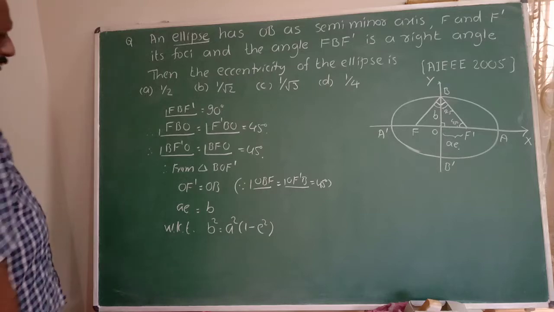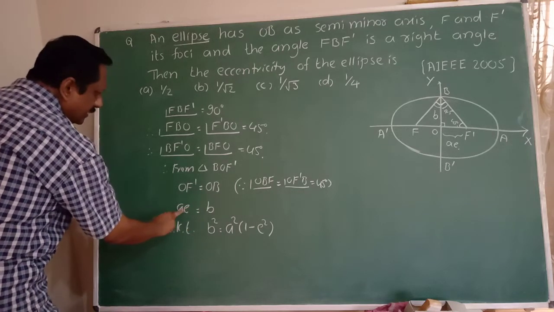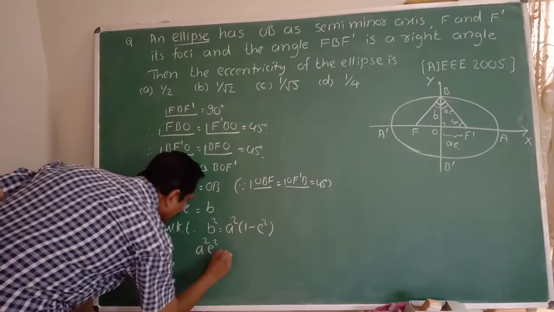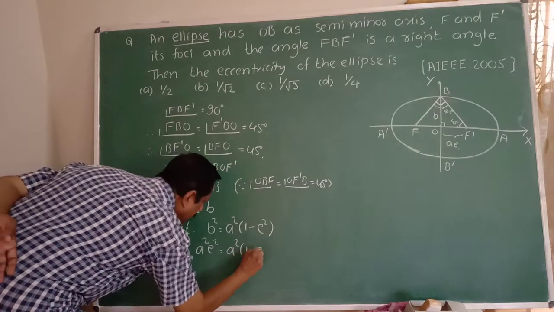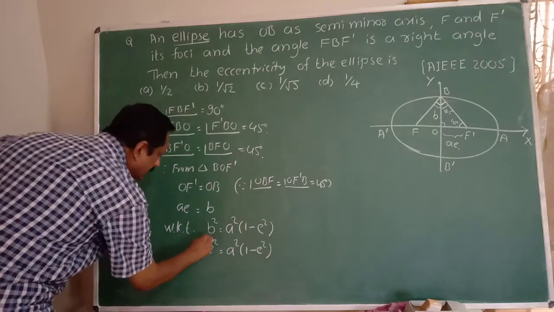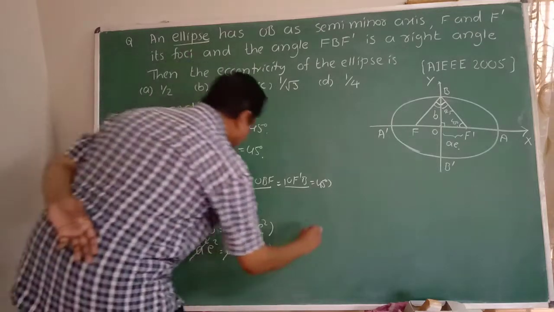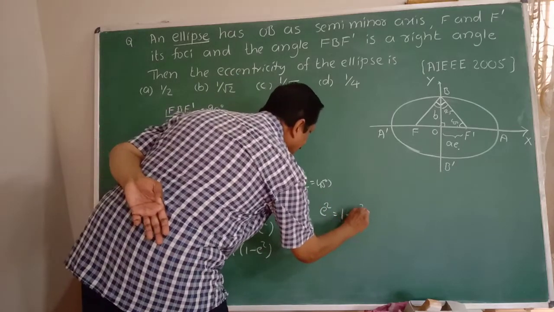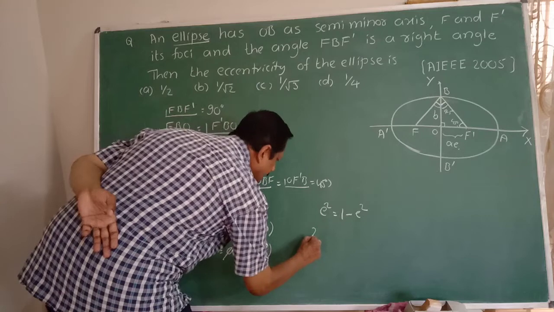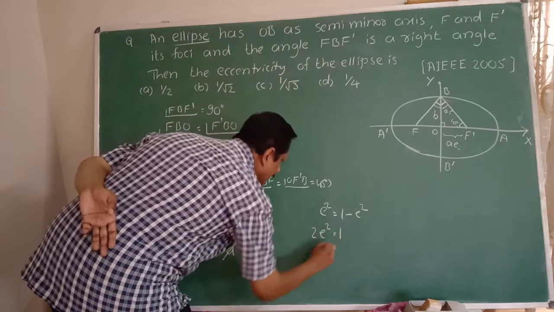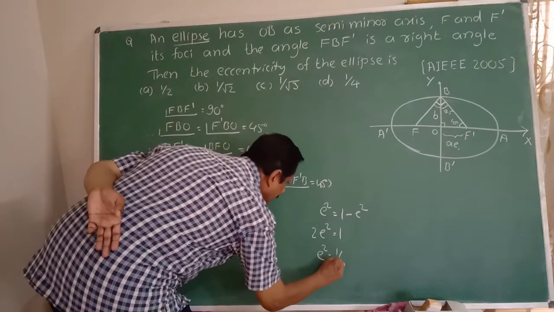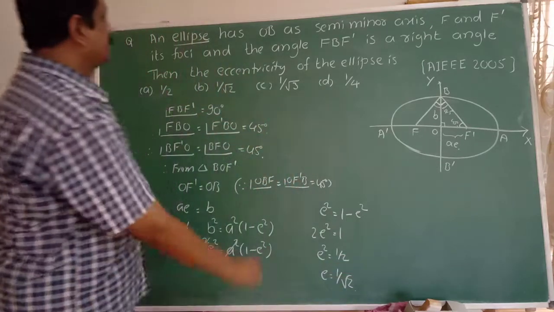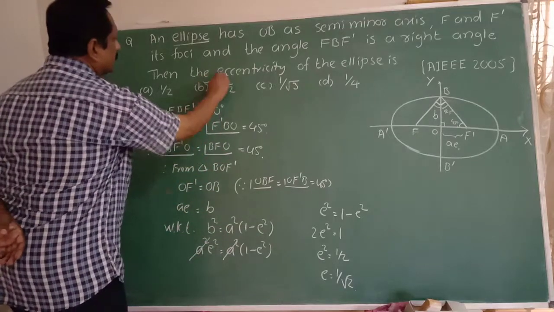Here b is equal to ae, so a square e square is equal to a square into (1 minus e square). a square and a square cancel, hence e square is equal to 1 minus e square. Taking e square to this side, it becomes 2e square is equal to 1. Hence e square is equal to 1 upon 2, so e is equal to 1 divided by root 2. So B is the correct option. Yes, 1 upon root 2.